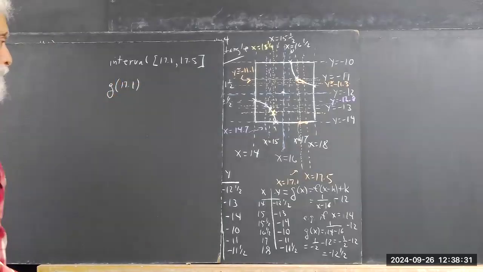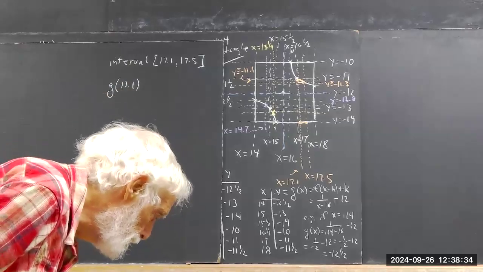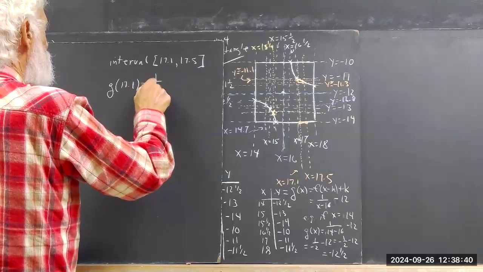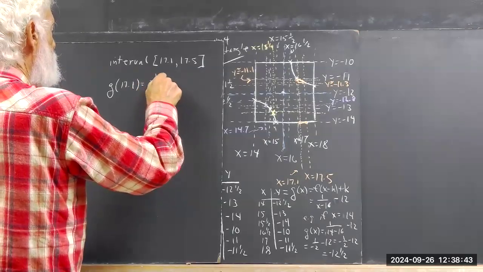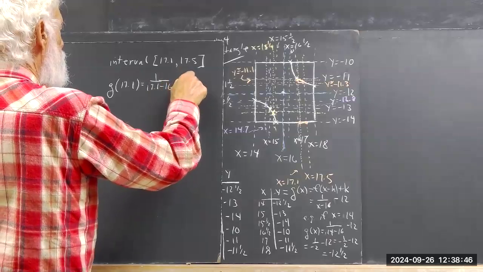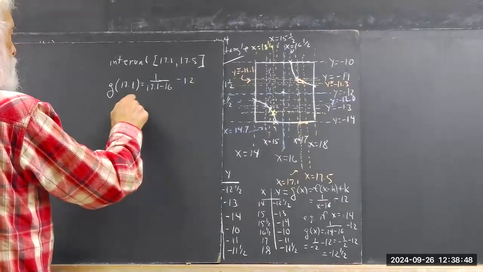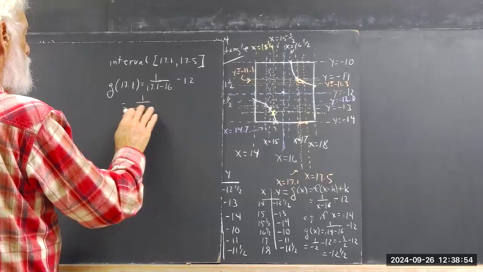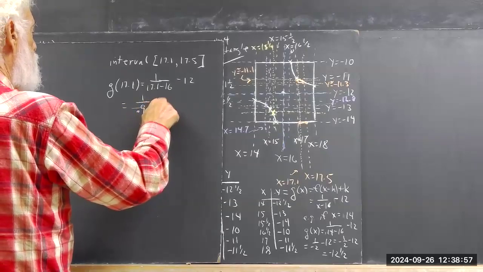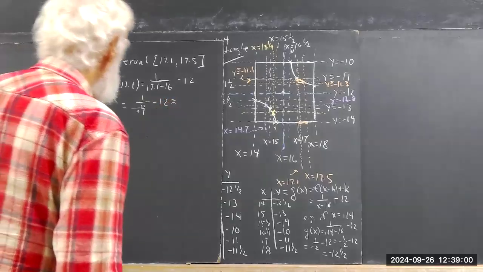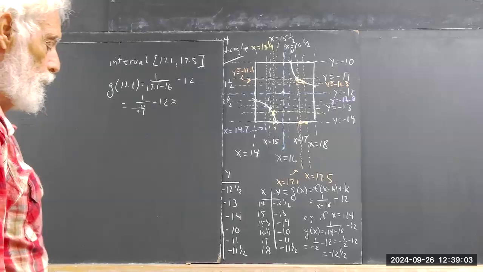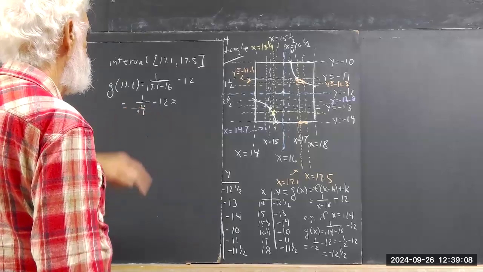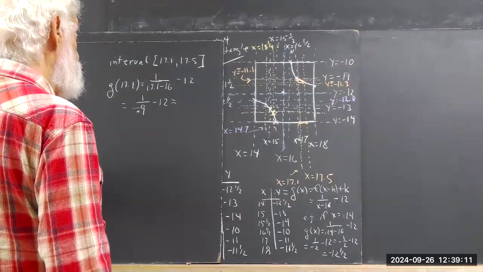View 17.1. I really want you to write down the calculation like this. Point 0.9 minus 12. At this point, you plug that in. 1 over 0.9 is about 1.11. And 1.11 minus 12 is negative 10.9.